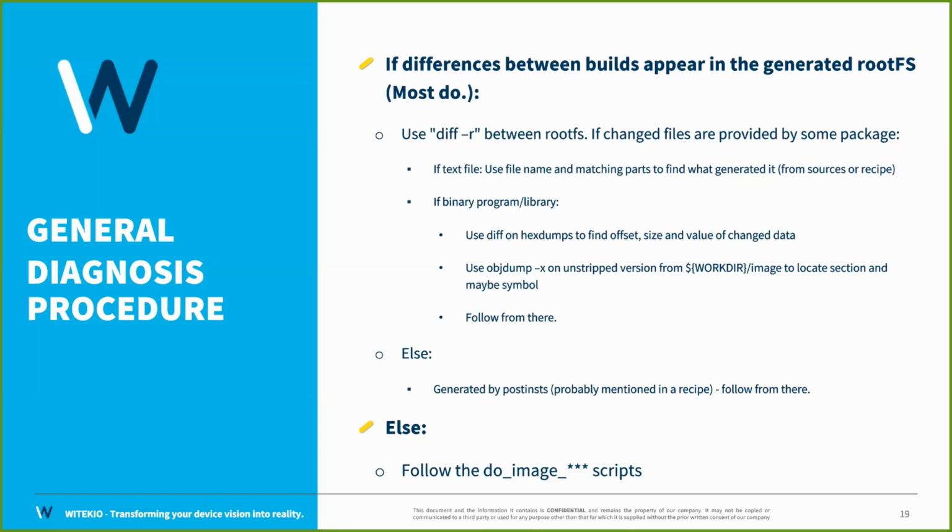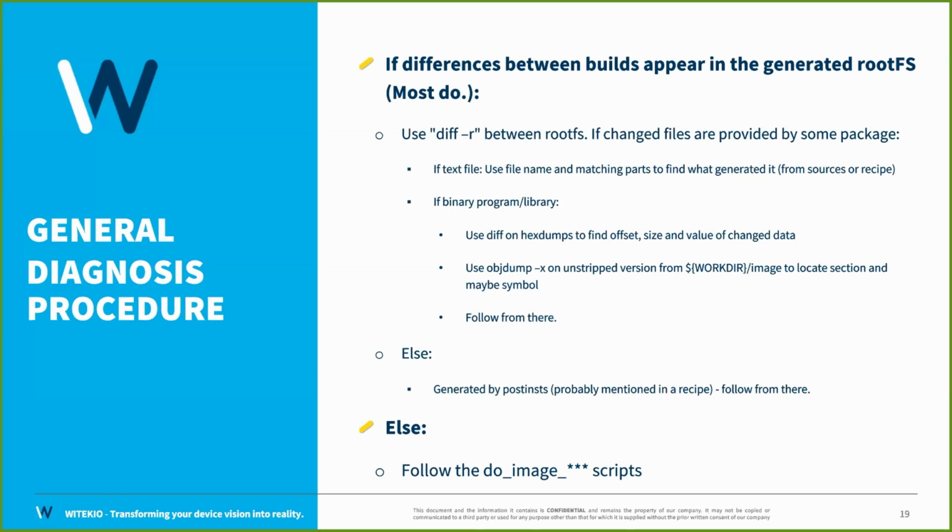If it's a binary program, a library, an ELF file, it will be mostly stripped in the rootfs, but you can use the unstripped version from the image subdirectory of the work directory here to find the section and ideally the symbol corresponding to the changes.